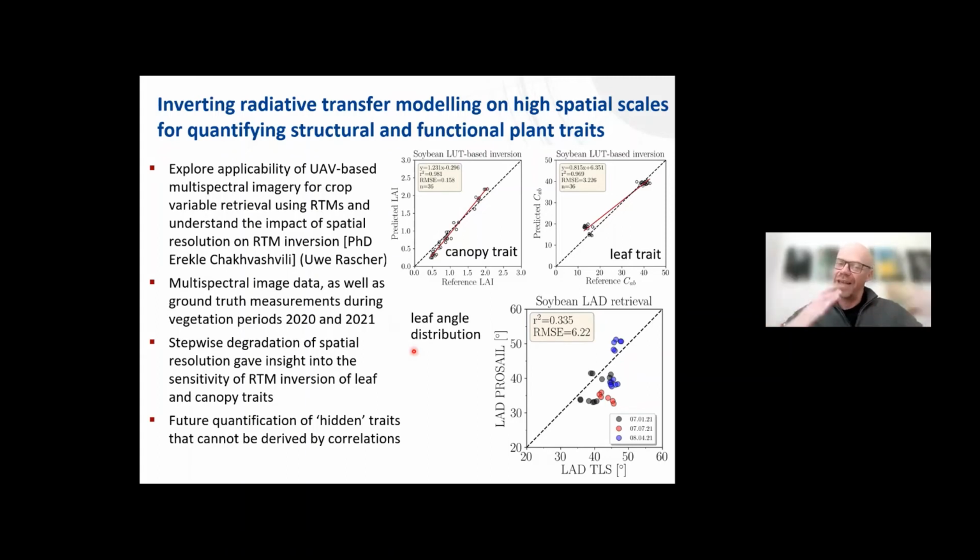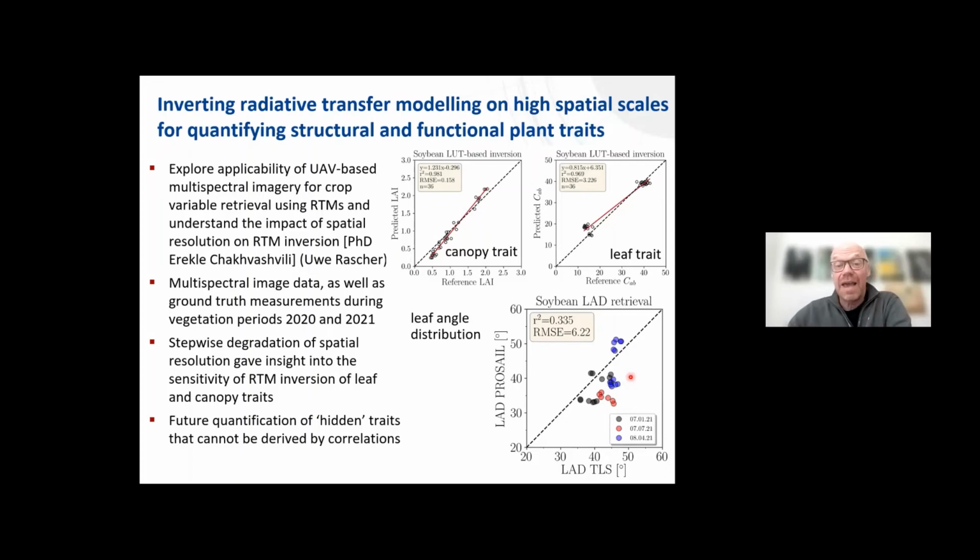So we are just at the interlink between leaf traits, canopy traits, and leaf angle distribution, which Echo will try to get as one so far inaccessible trait in the upcoming vegetation period. There you, for example, see that we still have some influence of illumination conditions in our first tests, but we are optimistic that he can solve this in the upcoming vegetation period.